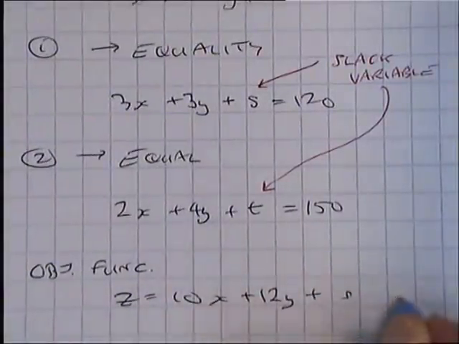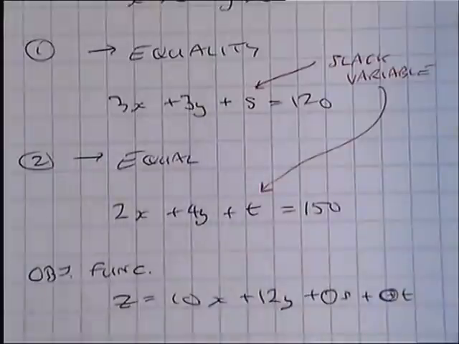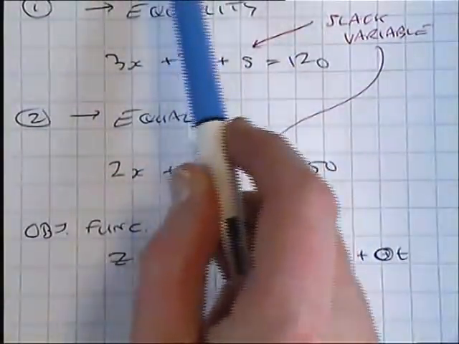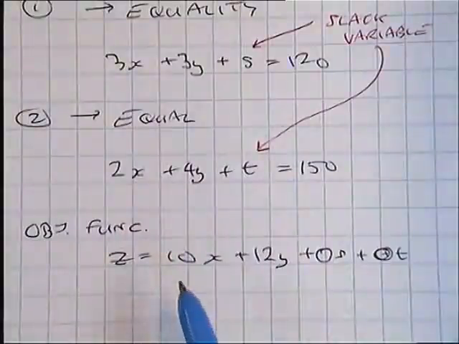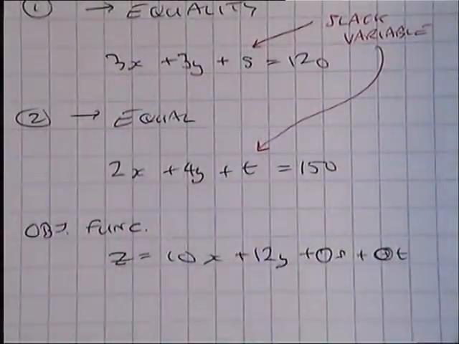So we put an s and we put a t in there, but we multiply them by 0. Now, it seems a bit silly, but that's what we do, and you'll see why in a minute. And you don't really have to understand why, you just have to be able to do it for the time being. Because our constraints now are in terms of x, y and s and t, our decision variables now also in terms of x, y, s and t. So we add no s's, we add no t's. But then each constraint and the objective function have all got in them x, y and s and t.